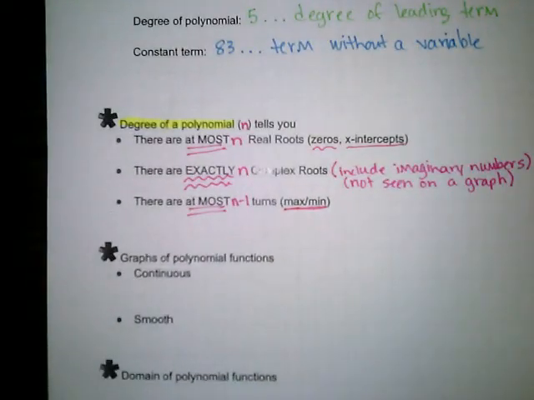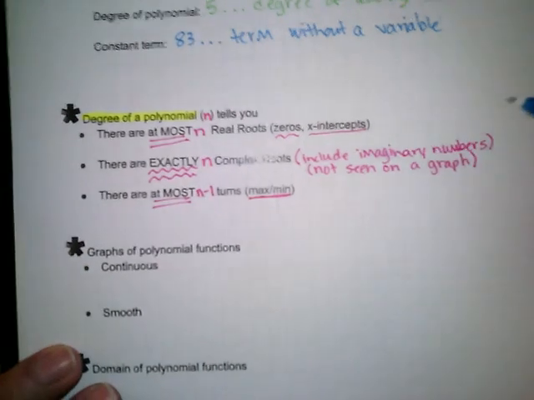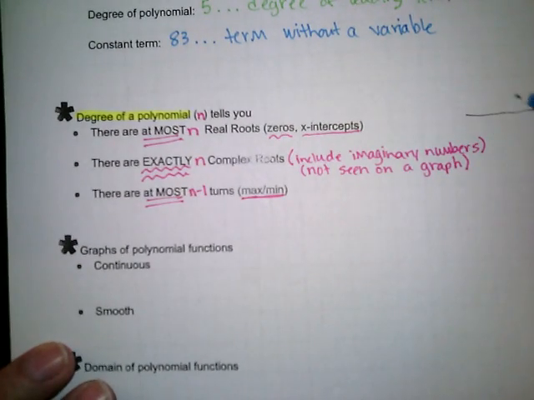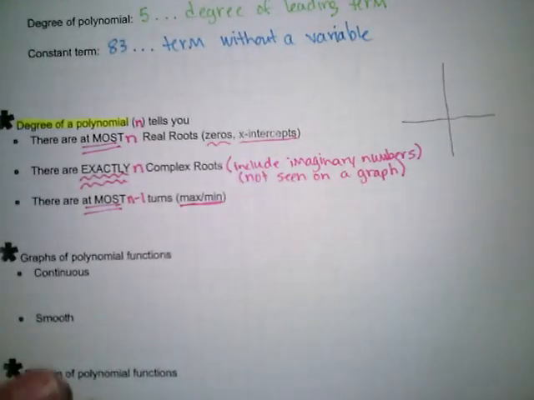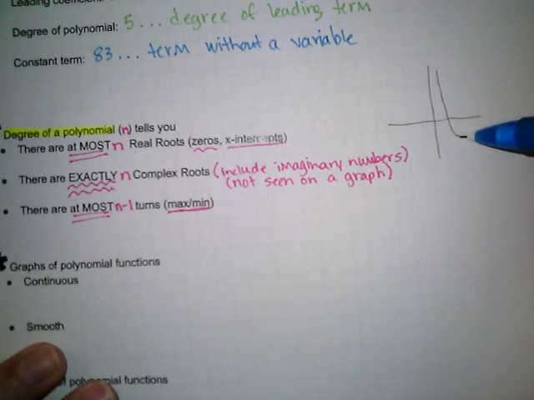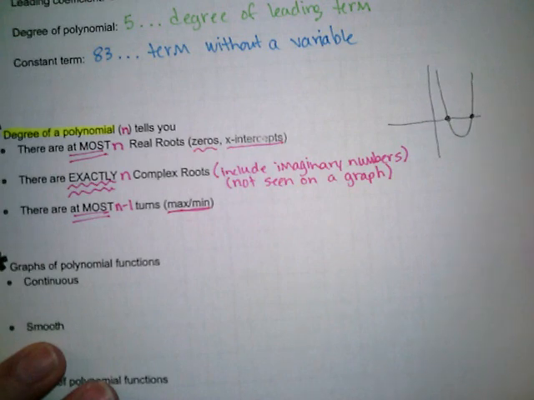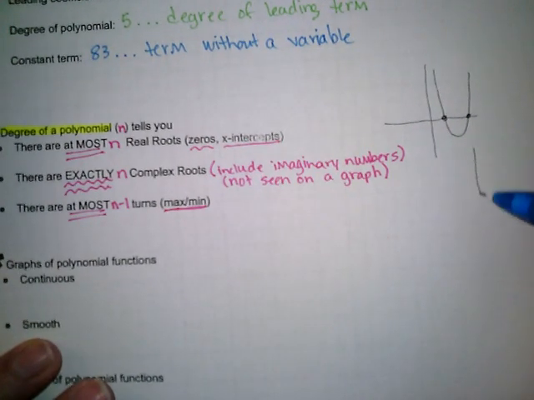So think about it in terms of a parabola. A parabola would be degree 2. The most number of roots I can have is 2, 1, 2. But I could have 1, we'll pretend that it touched.